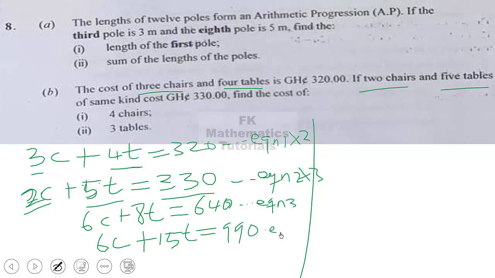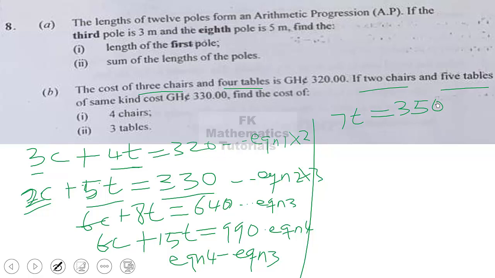So if you subtract the two equations, equation 4 minus equation 3, this and this will go away. So 15t minus 8t will be 7t, equal to 990 minus 640. So that will be 350.